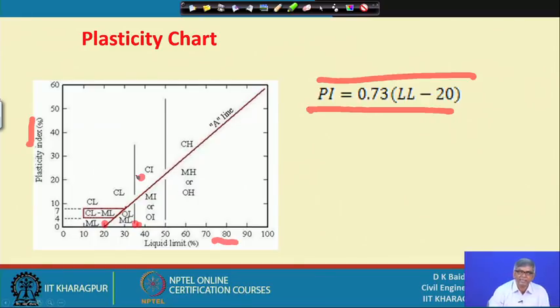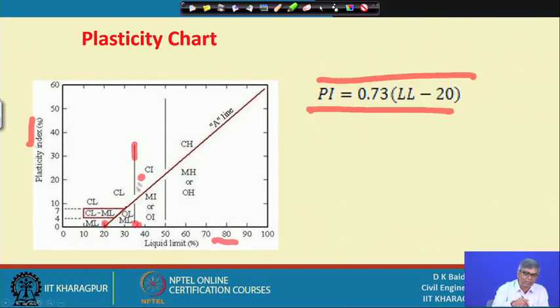So, what it indicates from this chart is that if the point comes above this line, it is clay, and if the soil comes below this line, it is silt. And again there are two vertical boundaries.